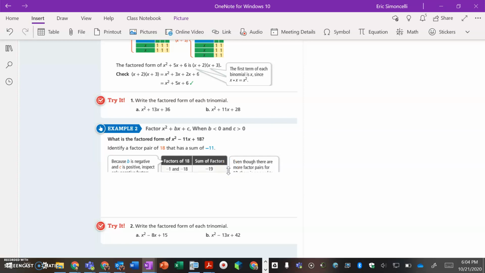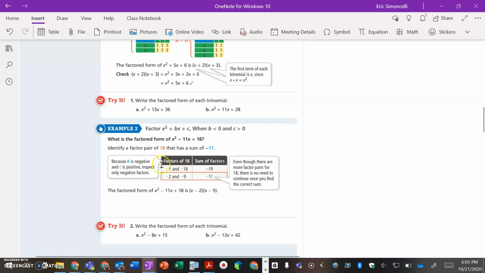So if we do the math, negative 1 times negative 18 multiply to positive 18, but they add to negative 19, so that's obviously not what we want. Negative 2 and negative 9 multiply to positive 18, and yes, they add to negative 11. So those are the two values that we're going to use, in other words, negative 2 and negative 9. I'll say it again. Negative 2 times negative 9 is 18, while negative 2 plus negative 9 is negative 11.